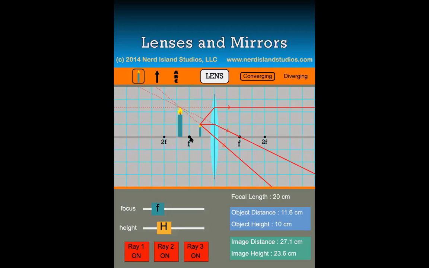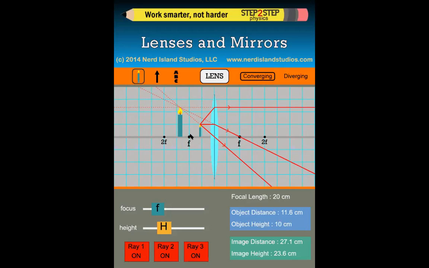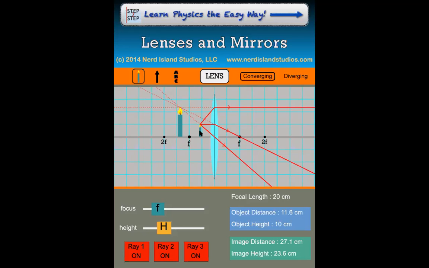Same rules, ray 1 straight in through the focal point, ray 2 from the focal point and then straight out, right through the center. There the image appears. But this is a virtual image because that's not where the light actually is. But you can see how that would be a magnifying glass. What you see is bigger than what the object actually is.